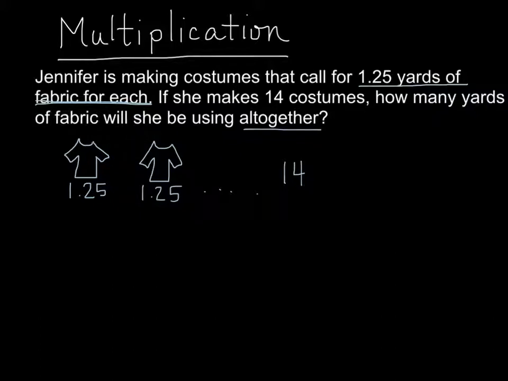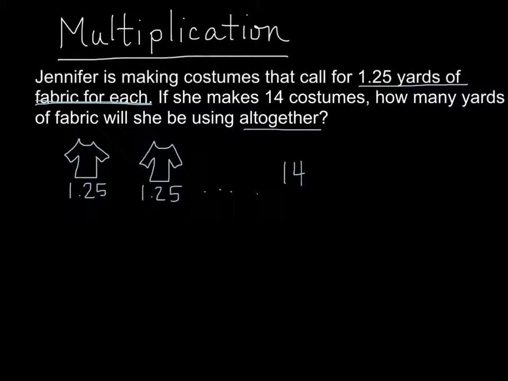But I don't want to draw that many pictures. But if you get the point, we have 1 2500 here, 1 2500 here, and we're going to keep doing this 1 2500 until we get 14 of them. So we have groups of 1 2500. We have 14 groups of 1 2500, so that means we're going to multiply.